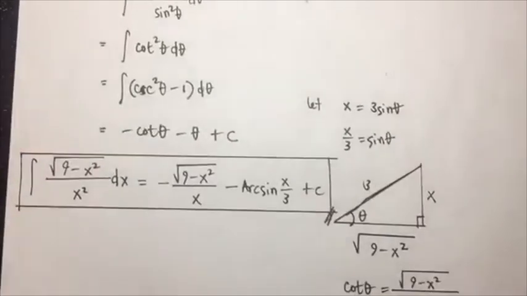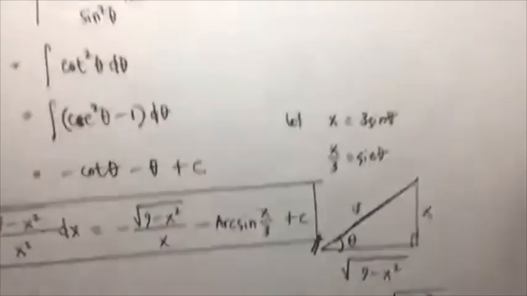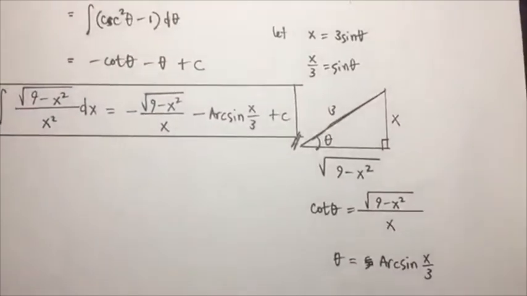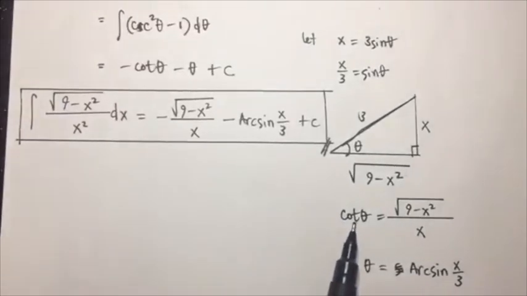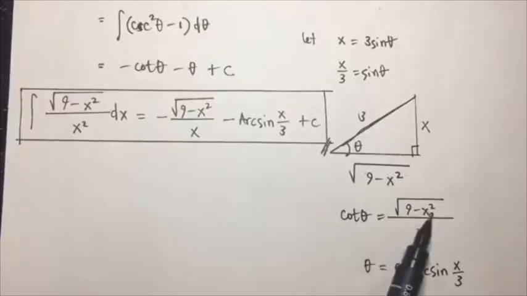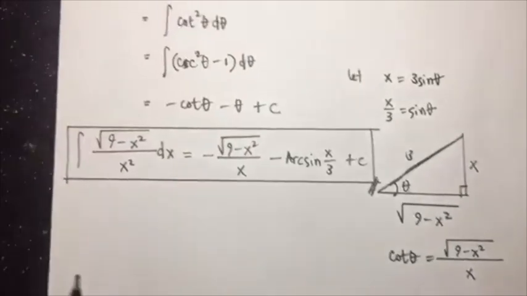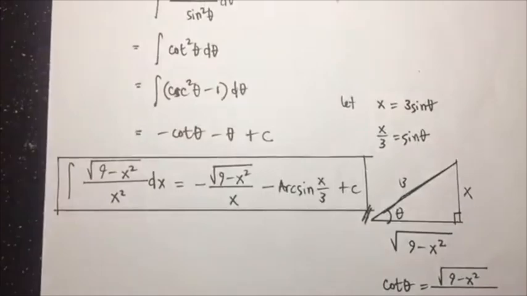Review your trigonometry, especially right triangles. The right triangle is very useful in obtaining the value of the cotangent of theta in terms of x.